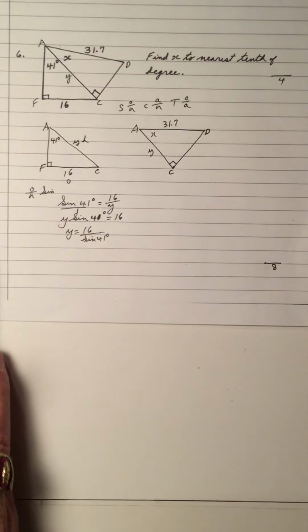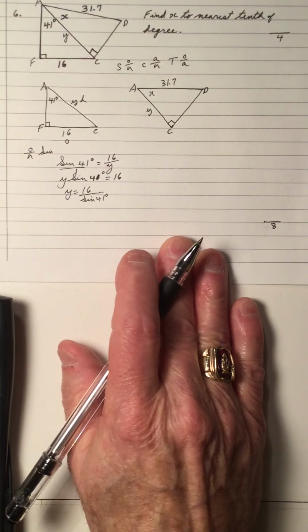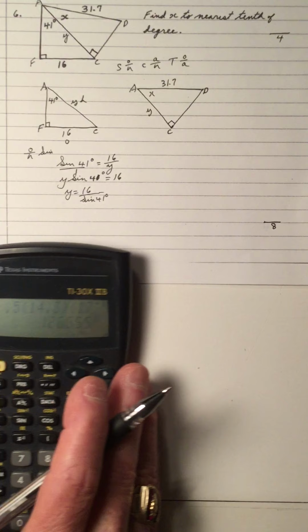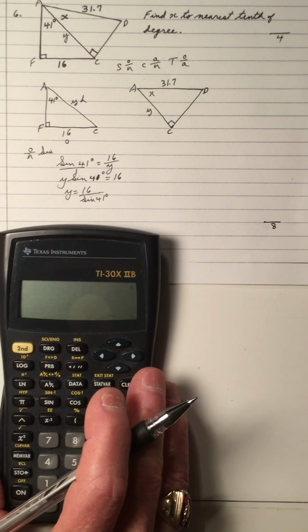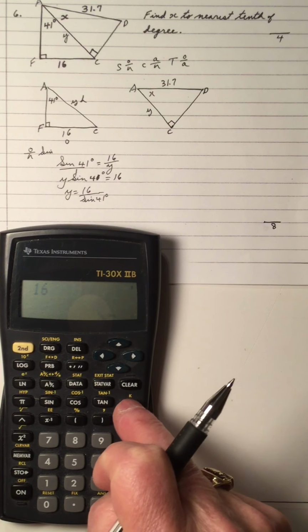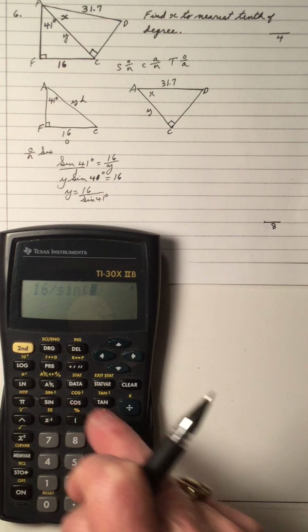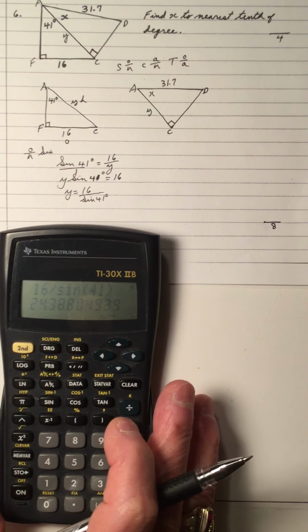So we'll move this up a bit so you can see. Maybe using the calculator. So we clear this and we get 16 divided by sine 41. So that gives us 24.